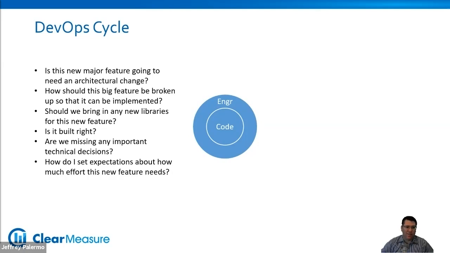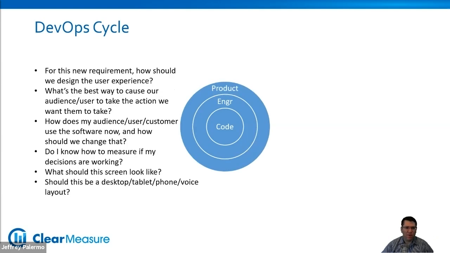How do I set expectations about how much effort this new feature needs when it may have many pieces to it? And so with our team, if you have a team where you have multiple developers and someone who's designated as the lead engineer or the team lead, that person may formally have a role to keep everybody aligned. But that's another cycle that spins around the code.